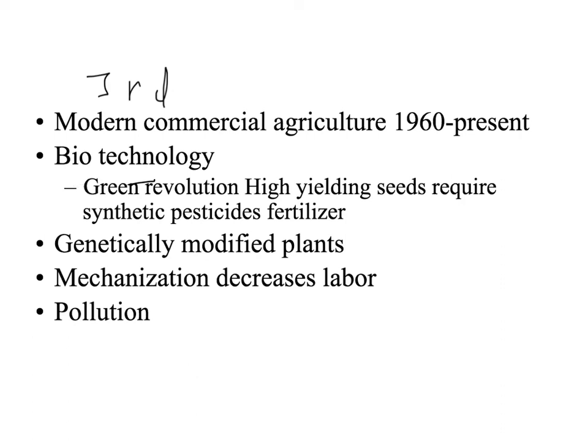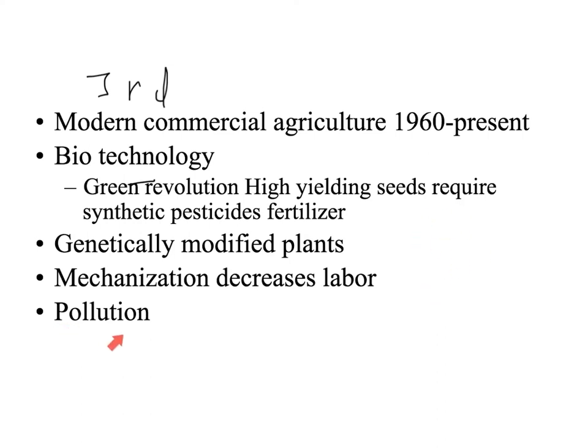There was the Green Revolution, which was part of the third agricultural revolution, and high-yielding seeds required synthetic pesticides and fertilizer. So people started doing genetically modified plants, and mechanization decreases labor. And so there's a lot more food, a lot less work needed.